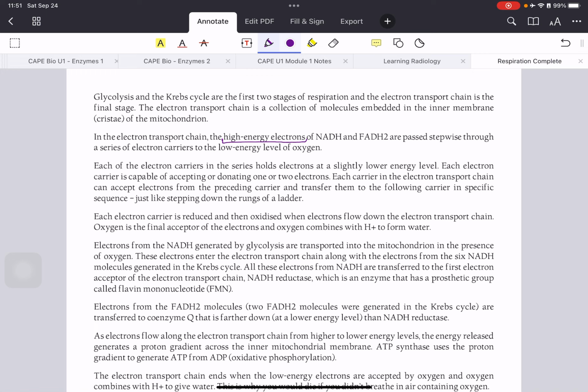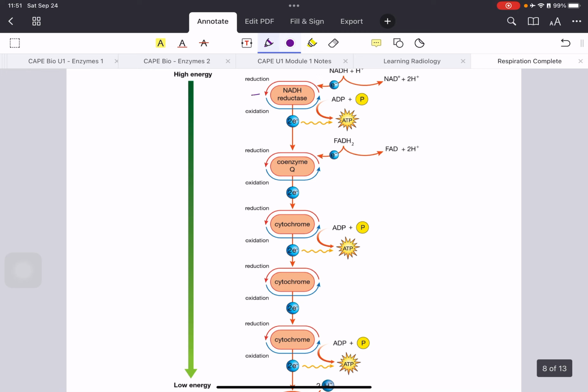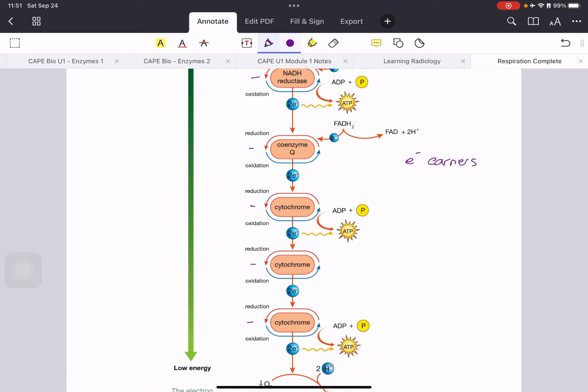So in the electron transport chain, every orange molecule here is called a carrier, right? Electron carriers. So we start off with NADH reductase, which is the highest energy electron carrier. So all the high energy electrons from NADH and FADH2 are going to pass through NADH reductase and step down the chain like they're going down a ladder.